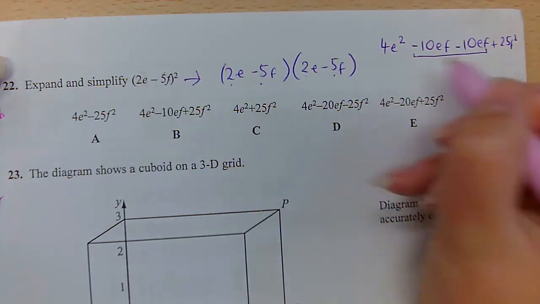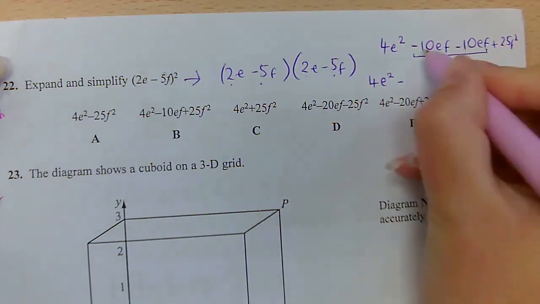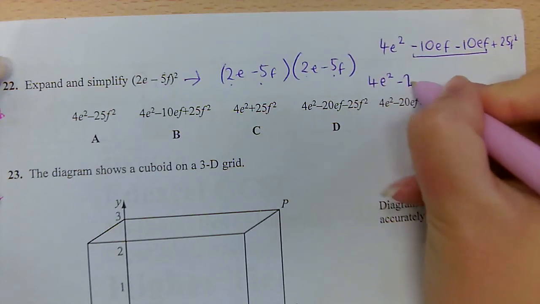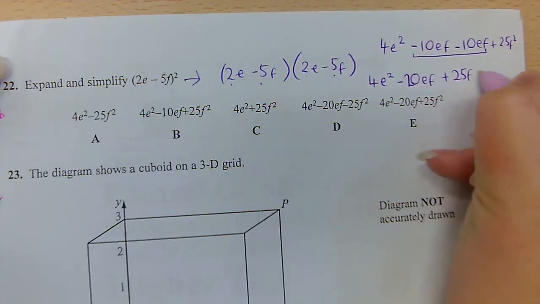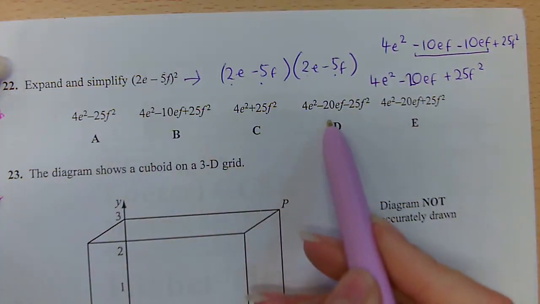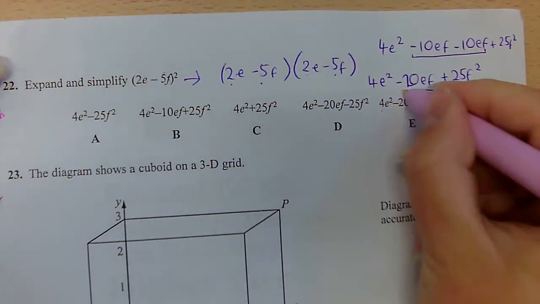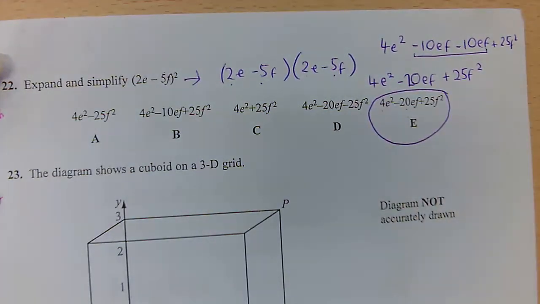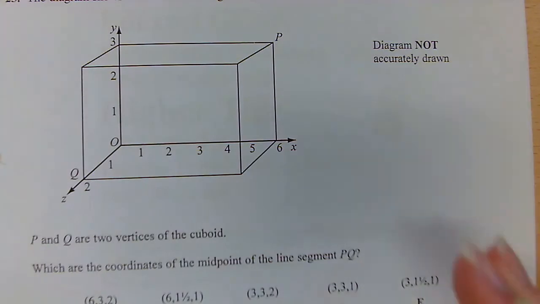Again, we can simplify this. 4e squared minus 20ef plus 25f squared. Right, let's try and find the right one. It's got 20 in it. Is this going to be it? This one. 4e squared minus 20ef plus 25f squared. Okay.